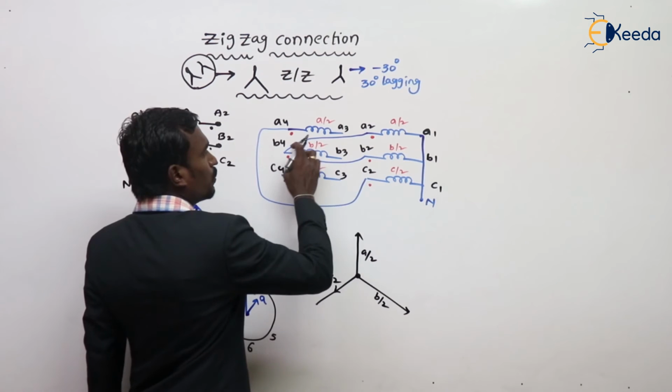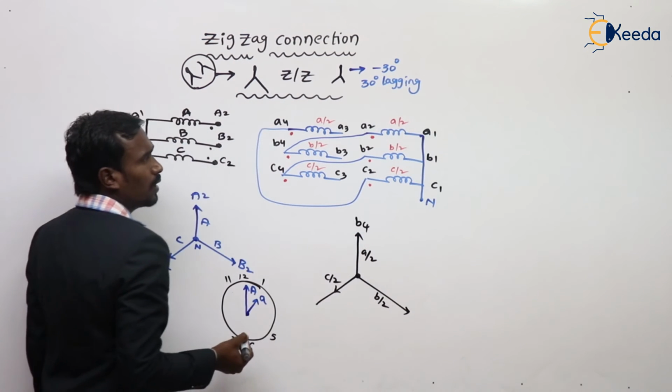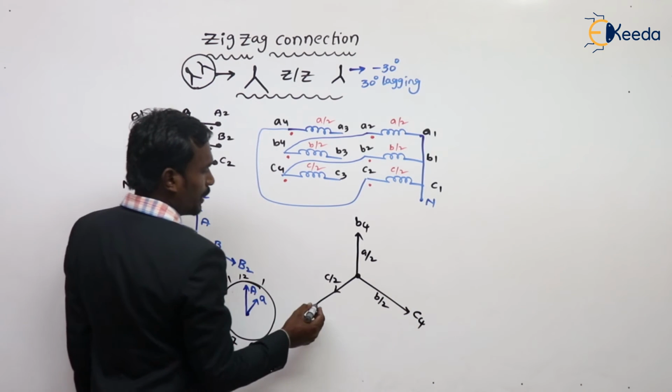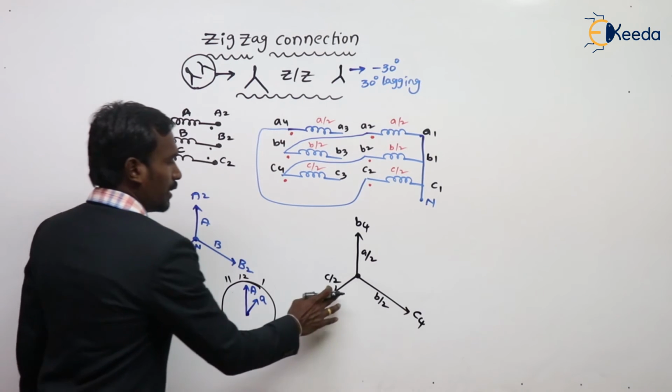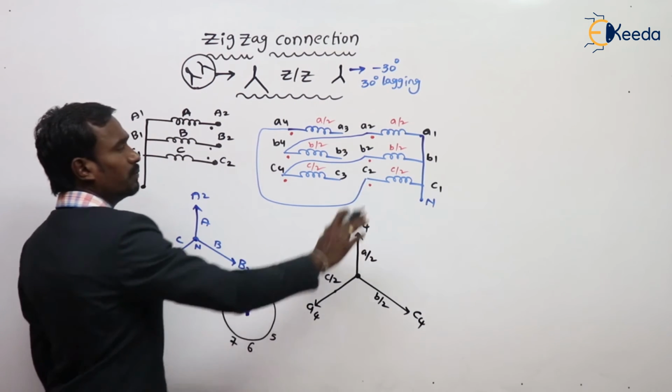Where is my A by 2? A by 2 is for B4. B by 2 is for C4. C by 2 for A4. Right? This is the initial vector diagram.